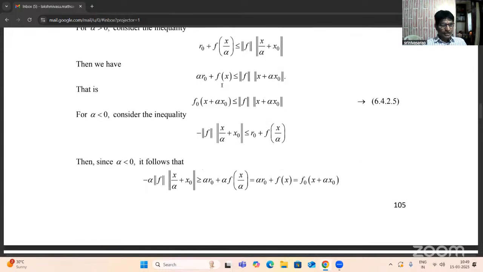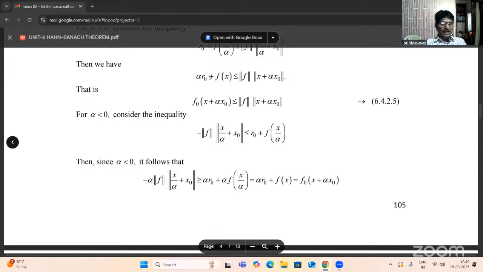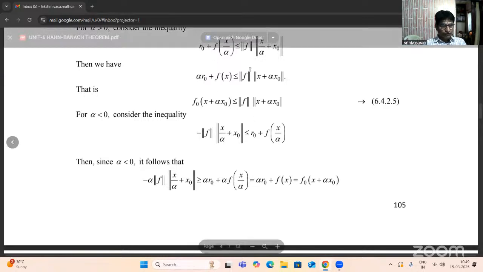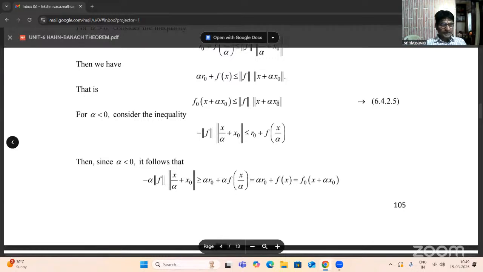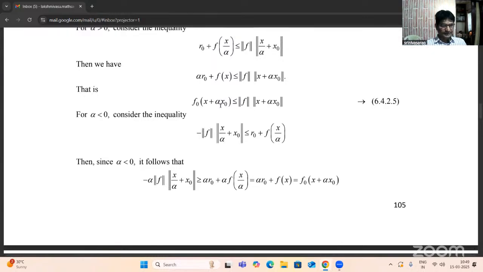So finally, for the linear functional f naught, f of x plus alpha r naught is less than or equal to norm f into norm x plus alpha x naught. This is r naught.